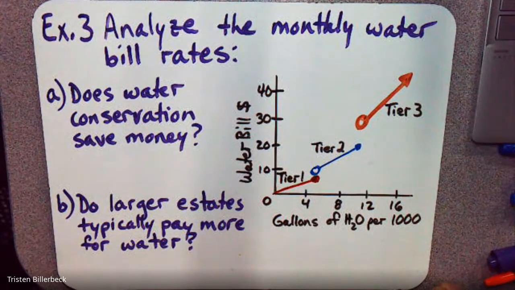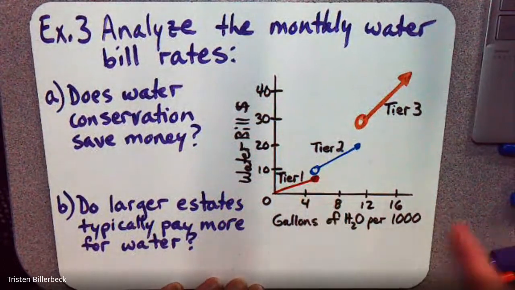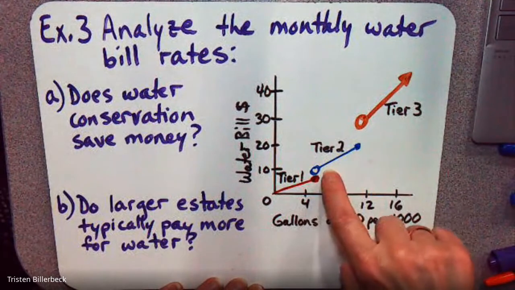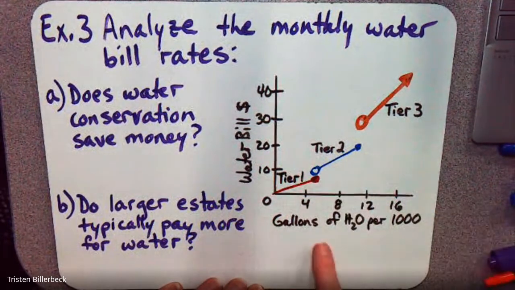So they have different tiers for different users, believe it or not. So if you don't use a lot, they don't charge you a lot. They even will pay you back some if you have solar panels and you're giving back to the system.